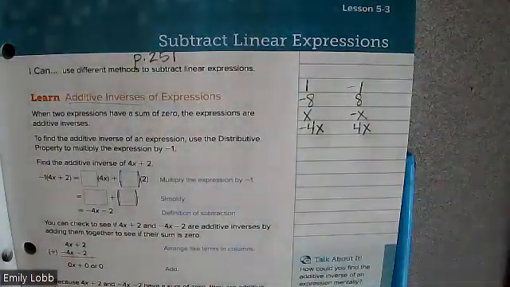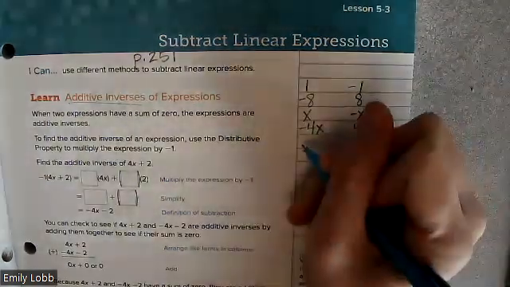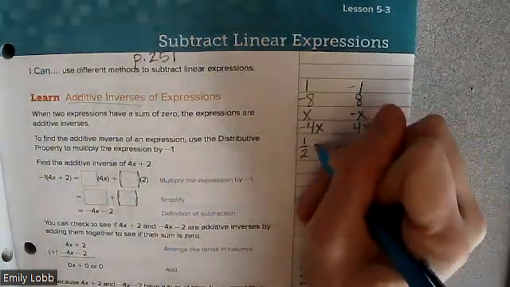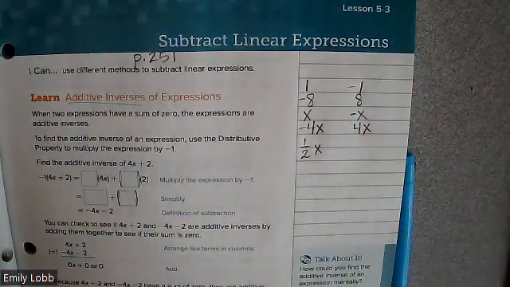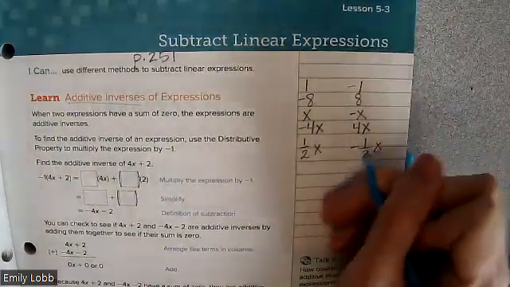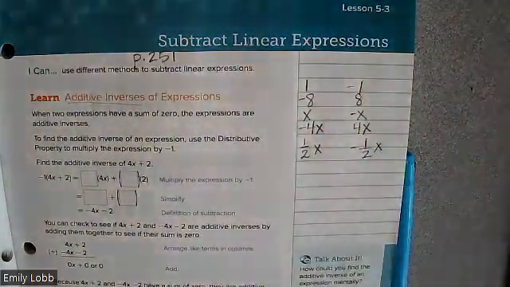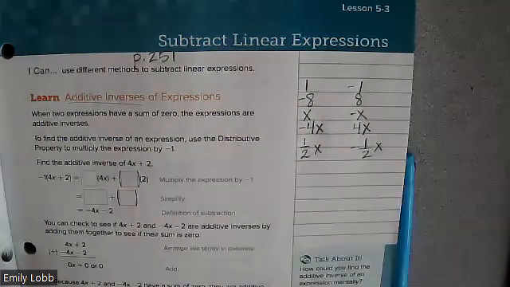So if by chance we have a rational coefficient, meaning like a fraction in front of our letter, like 1/2 x, what would be the additive inverse of 1/2 x? Negative 1/2 x, because if we combined them, it would make 0. Okay, does that make sense about additive inverses?